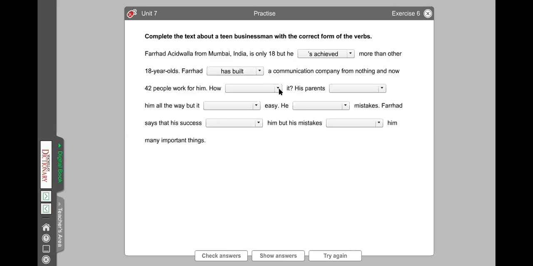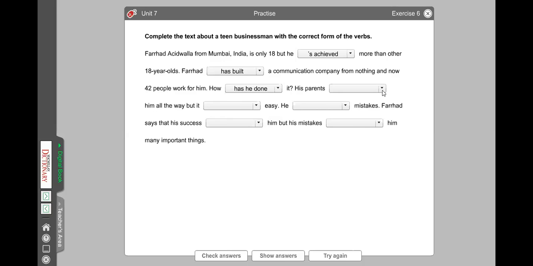How? Here we have a question. Look at the question mark over here. How he do, how has he done, or how has he did? Has he did is incorrect, because we have the verb in simple past. We need the verb in past participle. How has he done it?